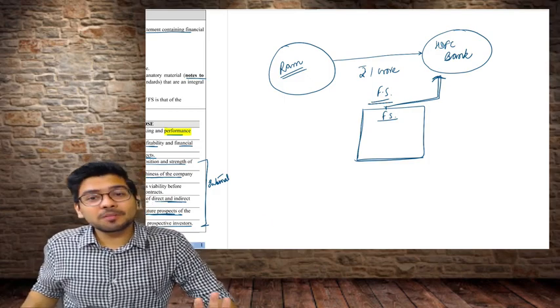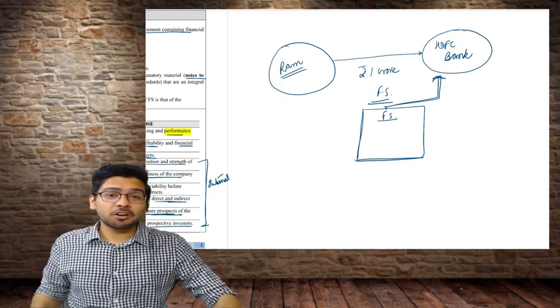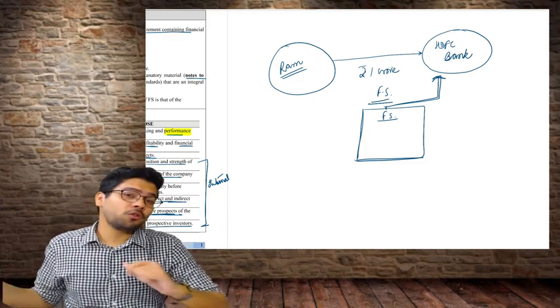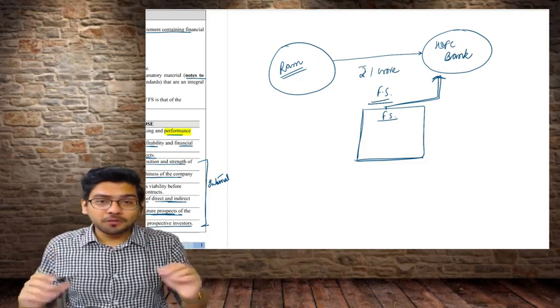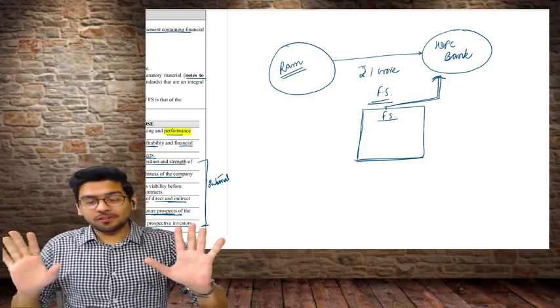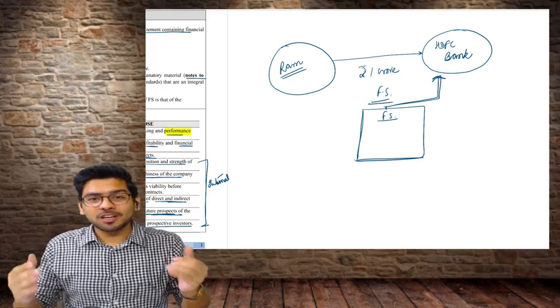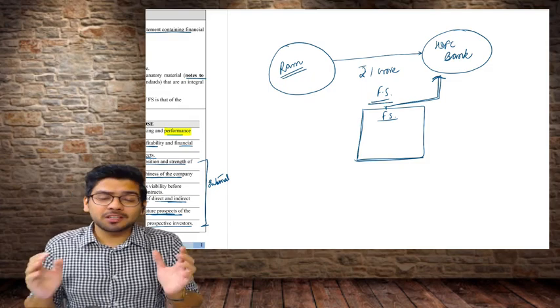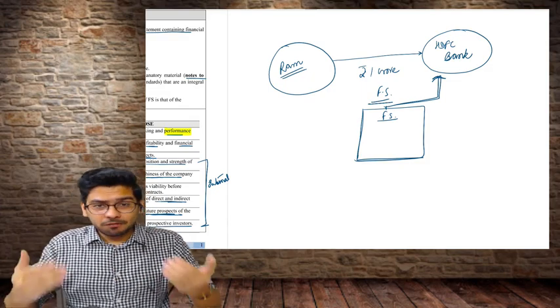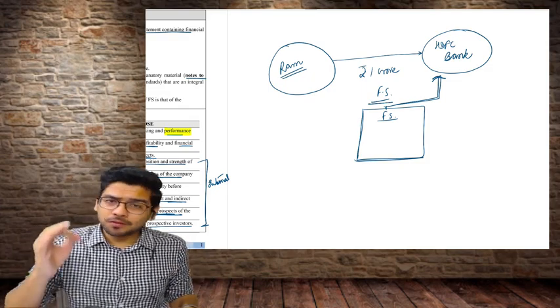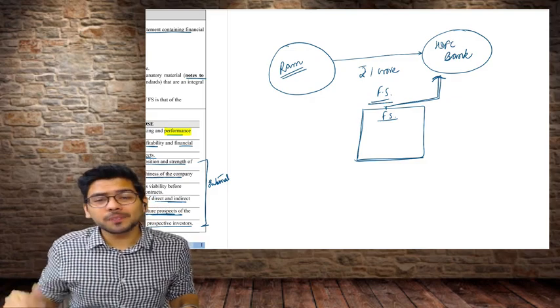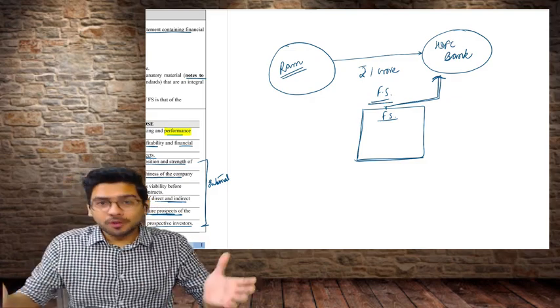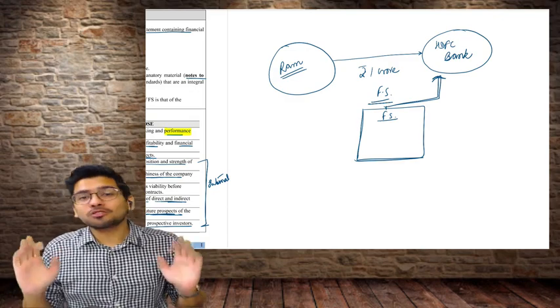HDFC Bank is also very happy that we have got a very good customer. He is not going to run away with all our money. Even if we give him 1 crore loan, we are doing good business, because seeing his financials, it is obvious that he has the repaying capability. He will be repaying us the interest and the installments. He's not going to be like Vijay Mallya and all. So the bank is also very happy.